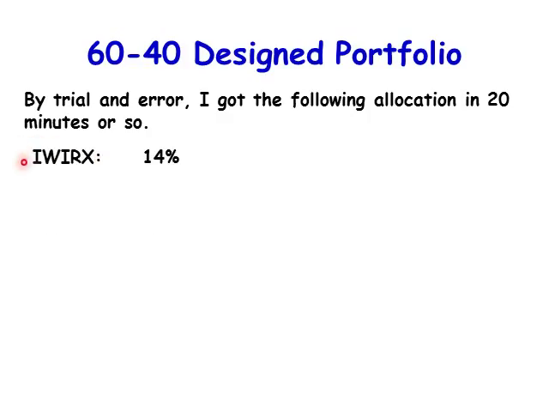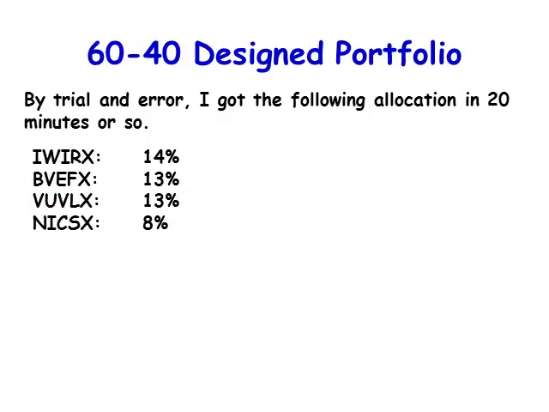Let us continue. So first we did IWIRX 14%, BVEFX 13%, VUVLX 13%. And I got Nicholas Fund 8%, Oakmark International 9%, and the MFS International Fund is 4%.